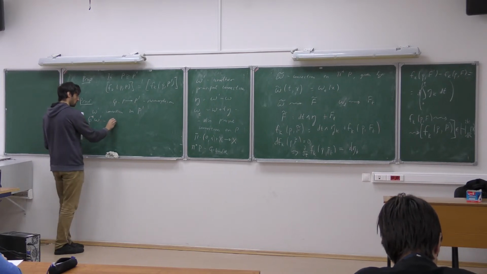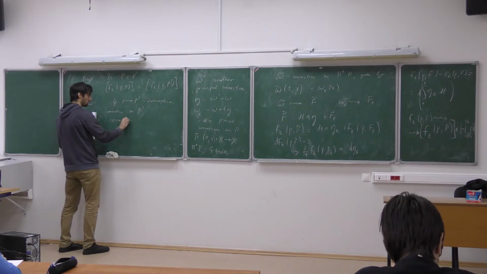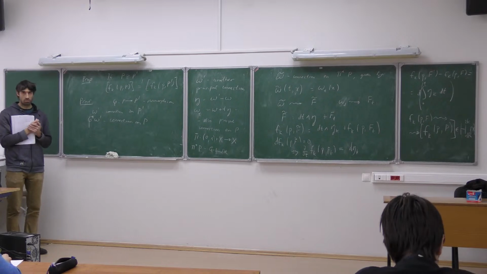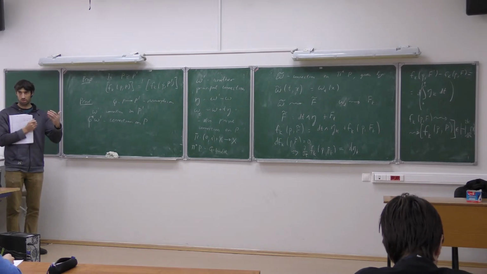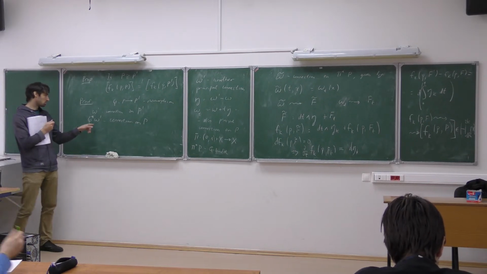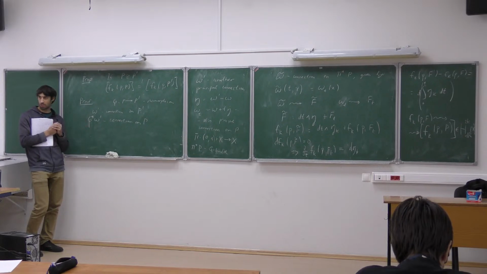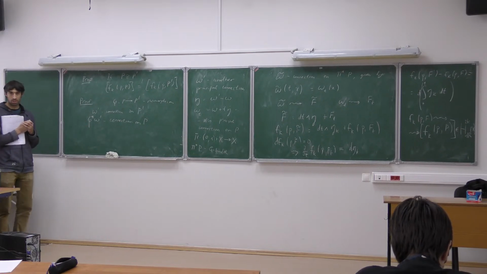This will give you a connection on P. Again, I am saying all this, but of course one should be accurate. So this should also be a principal connection, and you need to check the conditions that we had today.